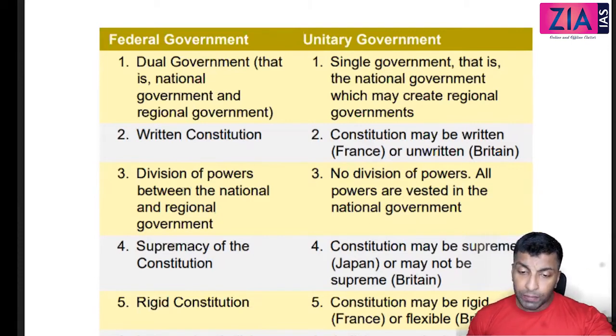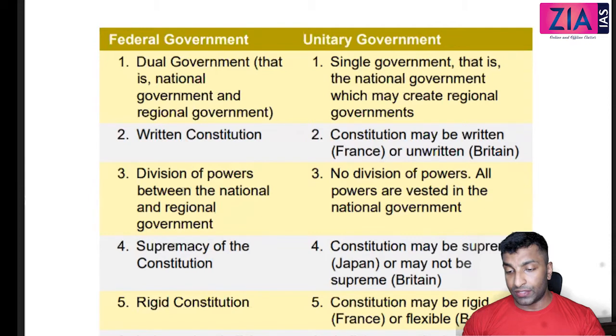The central government or the state government, both are having their own power, which is drawn from the constitution, and that is the reason why it has to be essentially a written constitution in a federal setup. On the other hand, in unitary, it can be written or unwritten. Written, you can see the example of France, and unwritten, Britain.